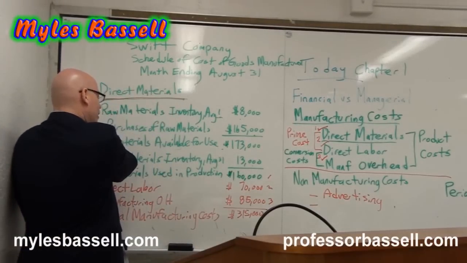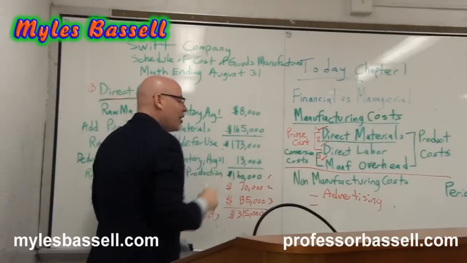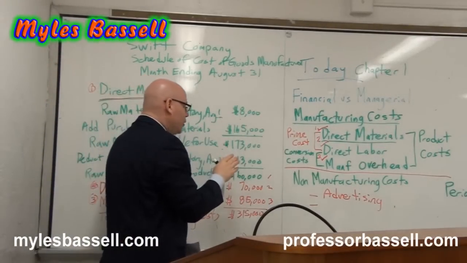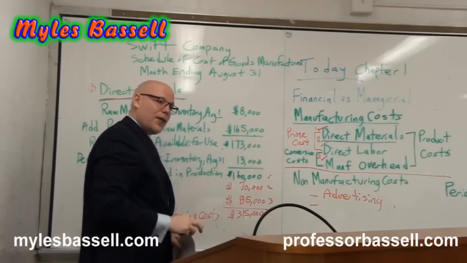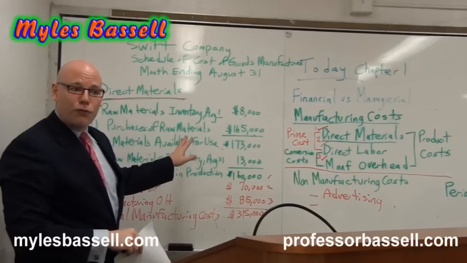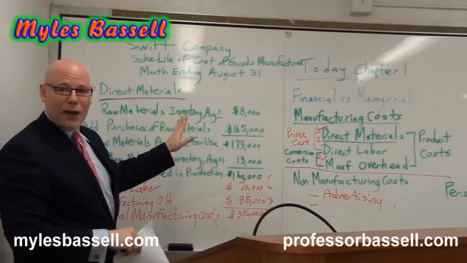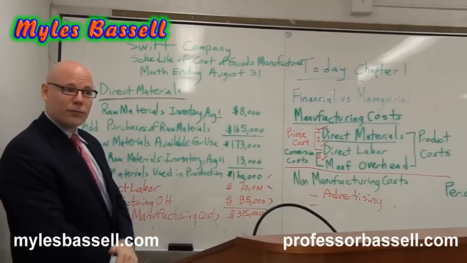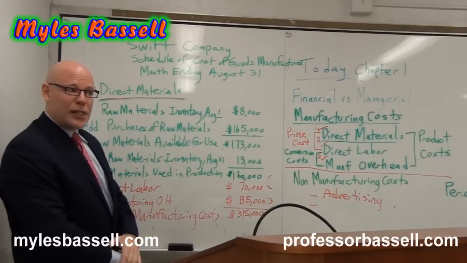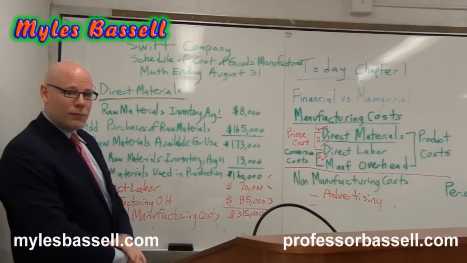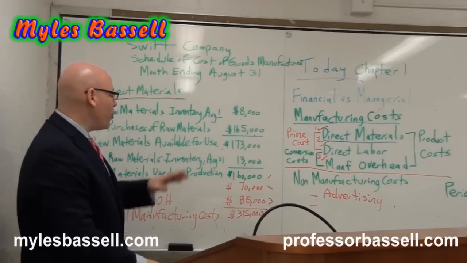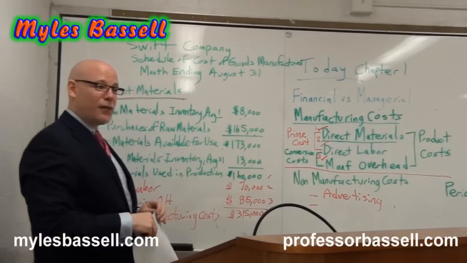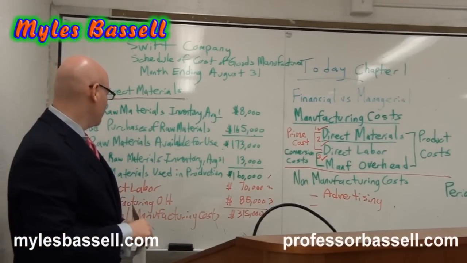So we add that to the $8,000 that we already have. That means now we have $173,000 available to us to make product. Does that make sense? We had $8,000, we purchased $165,000 worth of plastic. Now we have $173,000 worth of plastic.